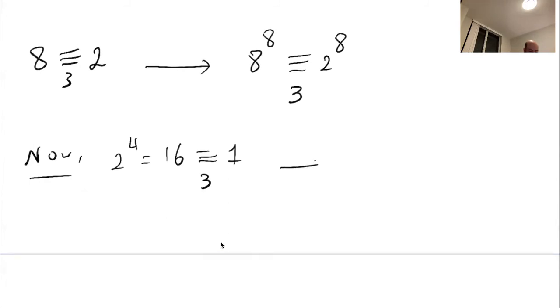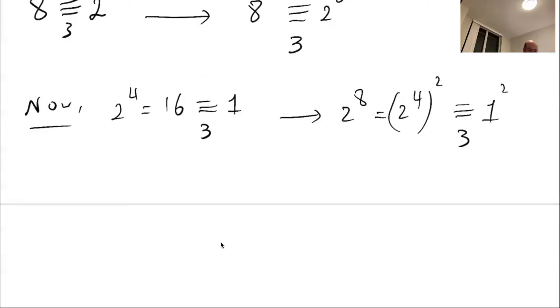So then 2 to the power 8, which is 2 to the power 4 to the power 2, is congruent to 1 to the power 2 mod 3. 2 to the power 4 is congruent to 1, so 2 to the power 4 to the power 2 is congruent to 1 to the power 2. 1 to the power 2 is 1. That means 2 to the power 8 is congruent to 1 mod 3.